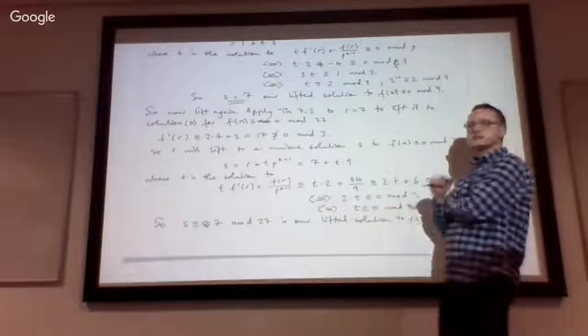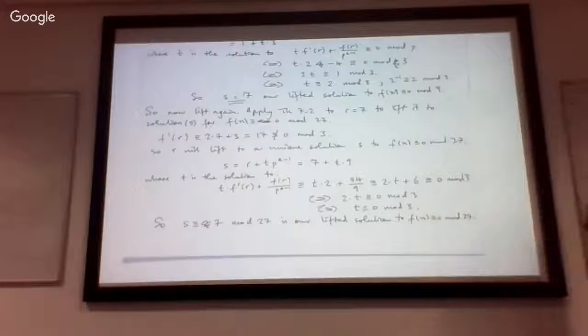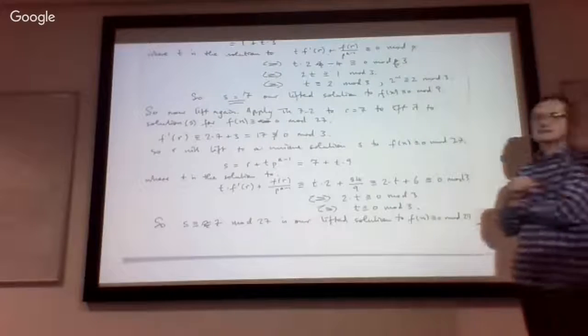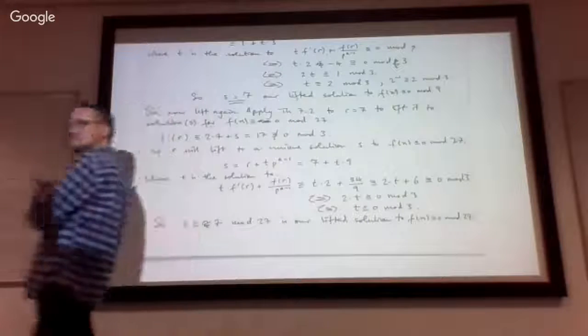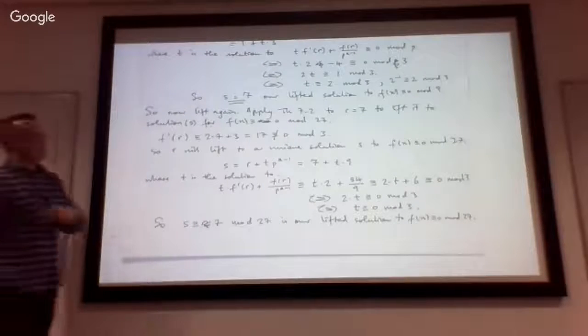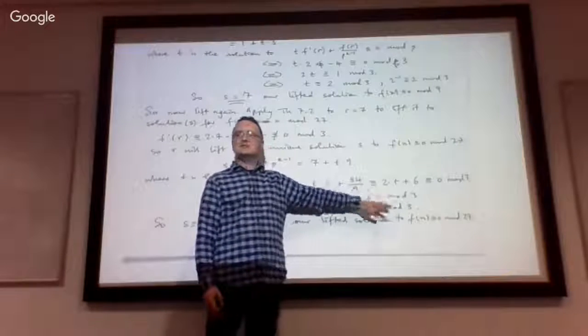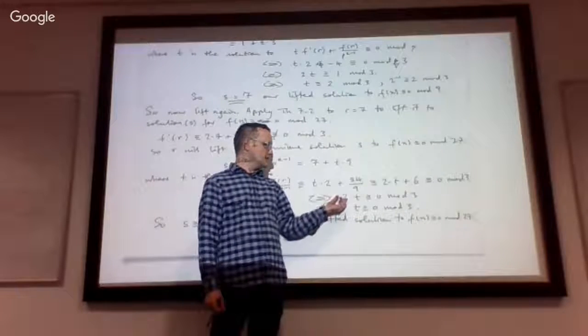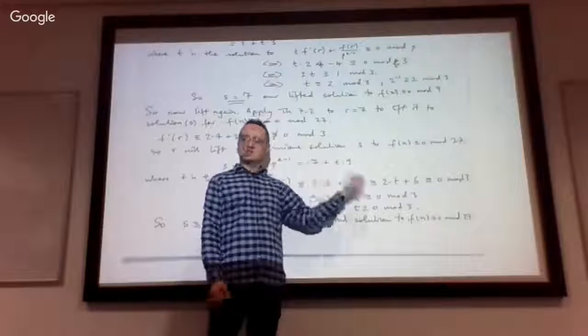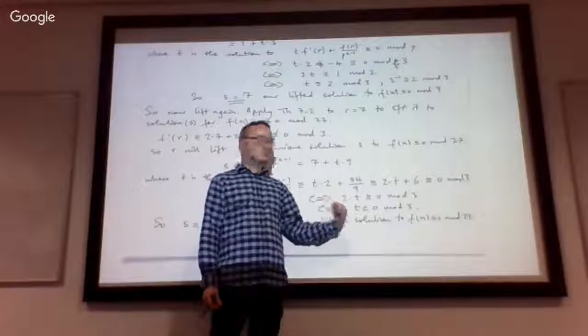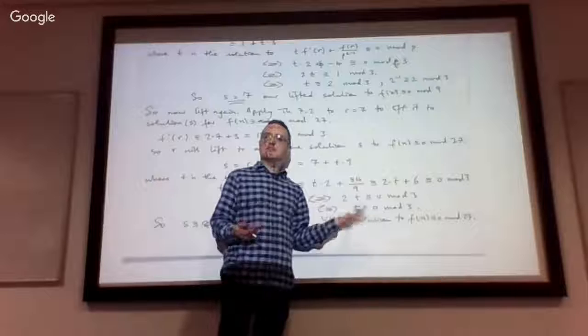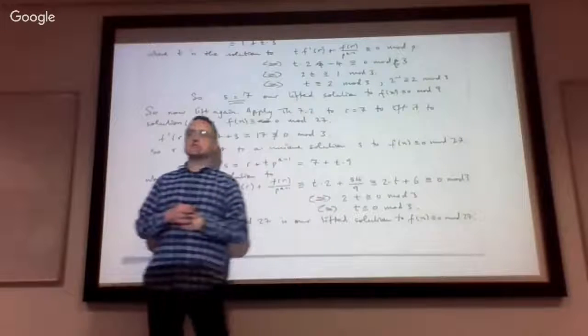So the only solution is t congruent to 0. I think you're complicating it. It's an equation. 2 times t is 0. You solve it by multiplying both sides by the inverse of 2. But when you multiply 0, you're going to get 0. So t is congruent to 0.